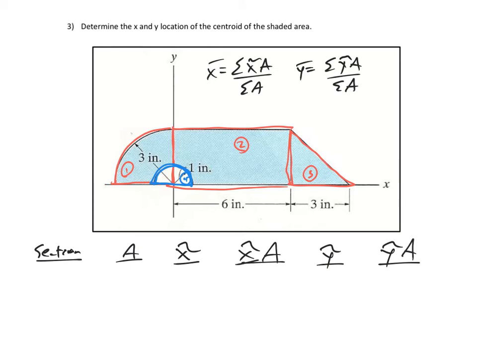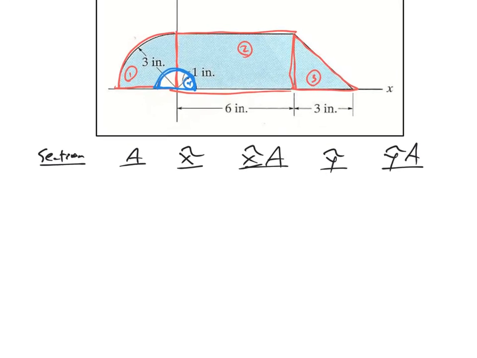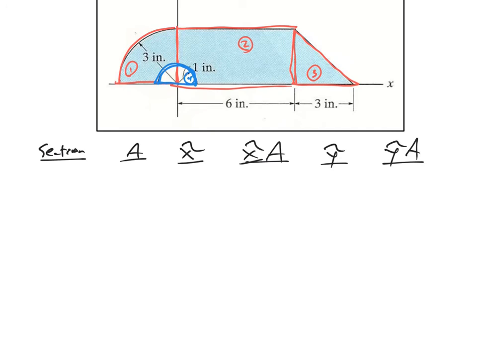So if I can create this chart, that would be helpful. Move this up and fill this in. So for section 1, the quarter circle, the area of a circle is pi r squared, and this is a fourth of a circle. The x tilde.